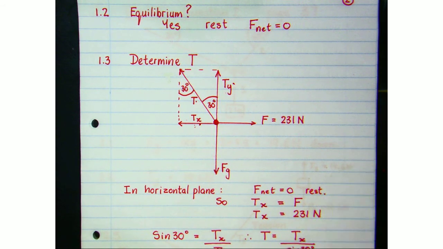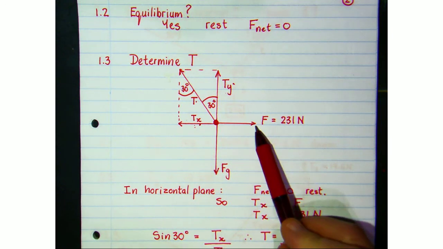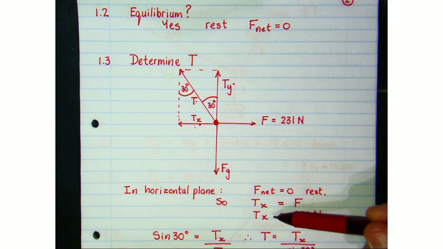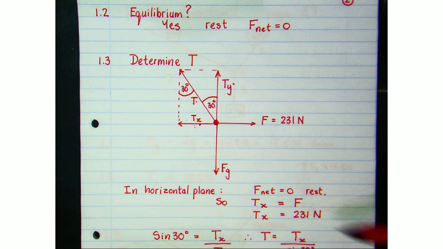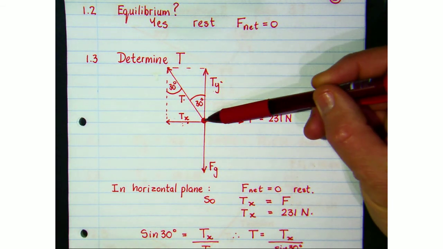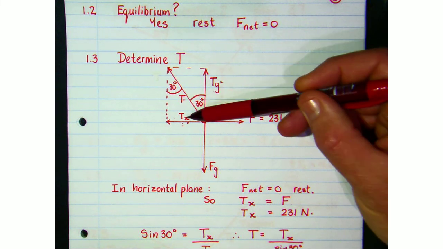Well, if the net force is 0, then Tx, the horizontal component, must be exactly equal to the other horizontal force in the horizontal plane. So that makes that very easy. Tx comes out to be 231 newtons to the left. So we're closer to finding T. We've found its horizontal component.